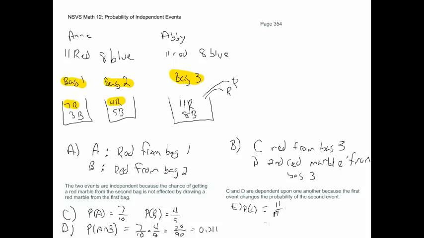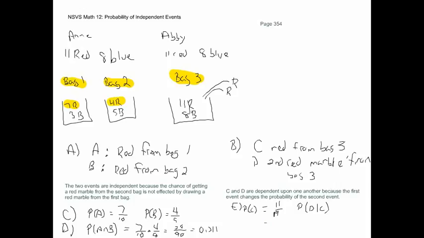Then question E also says, what is the probability of D given that C occurs? So you have to think about this one as a conditional probability.